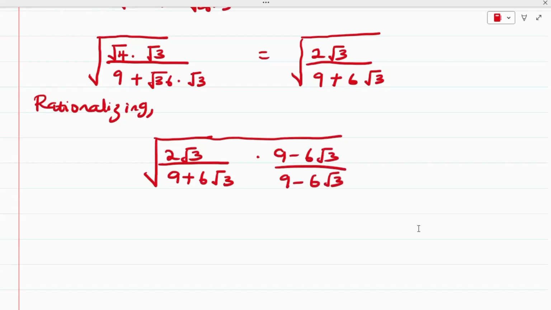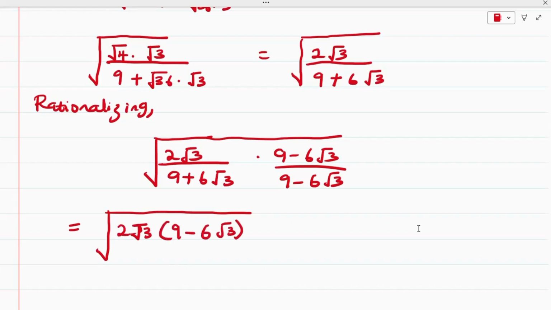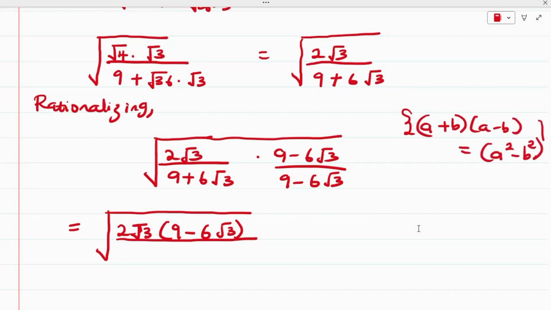So this is equal to the square root of, multiplying the numerator, 2 root 3 multiplied by 9 minus 6 root 3, divided by, now we know that if we have a plus b and a minus b, this is equal to a squared minus b squared. Applying this to the denominator, this becomes 6 root 3 all squared minus 9 squared.